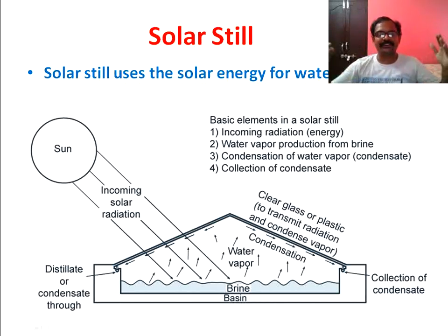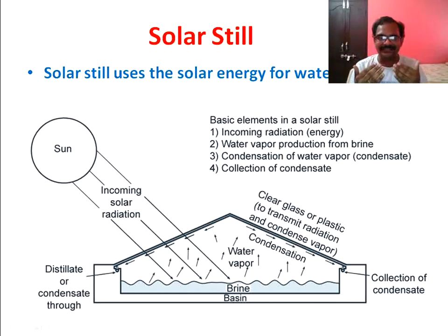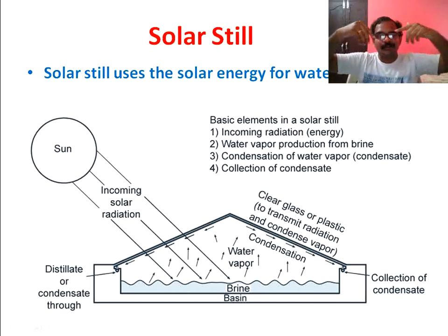The first concept is we'll keep the salt water or brackish water in the solar still, and whenever sunlight falls on it, this brackish water will be evaporated, and that evaporated water will move upwards. When it moves upwards, it will leave behind all the salt content, and once the fresh vapor moves upwards, it comes in contact with the glass frame, the temperature of the vapor decreases, and the vapor starts converting into liquid, and this liquid is fresh water.